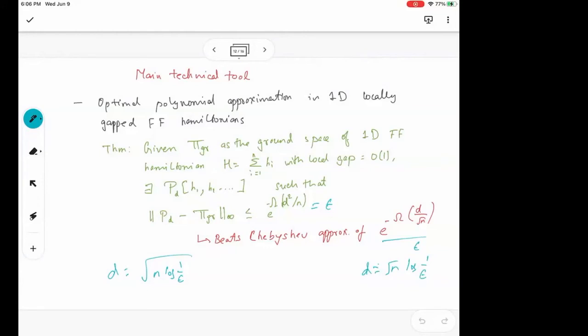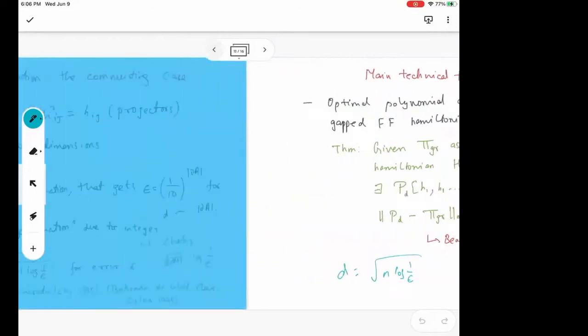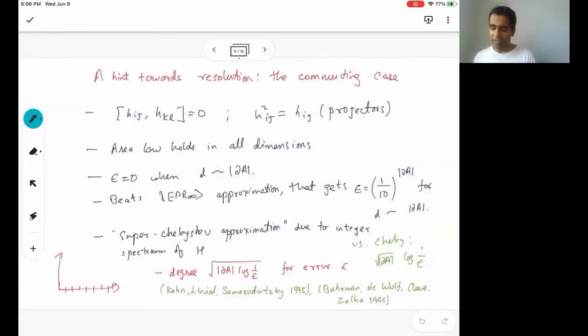Anurag, yeah, sure. Can I just make sure I understand? Are you saying that you can actually prove the area law for commuting Hamiltonians in this fashion, using this square root d log 1 over epsilon? Right. For commuting Hamiltonians, one can actually use this approximation to get a proof of area law. I see. Okay.